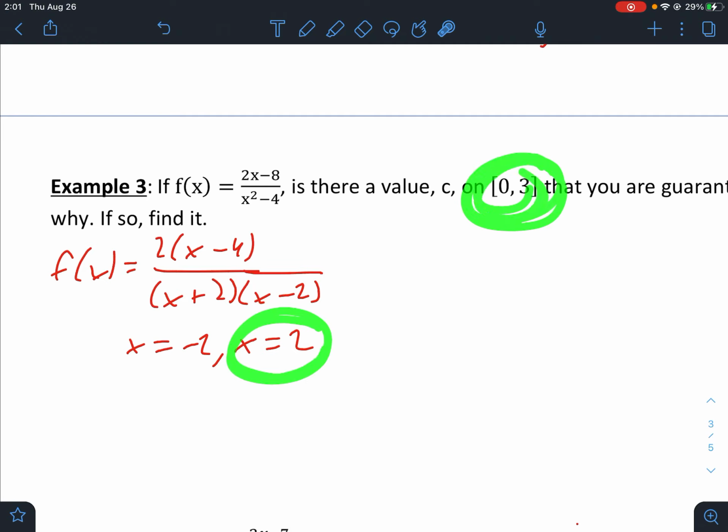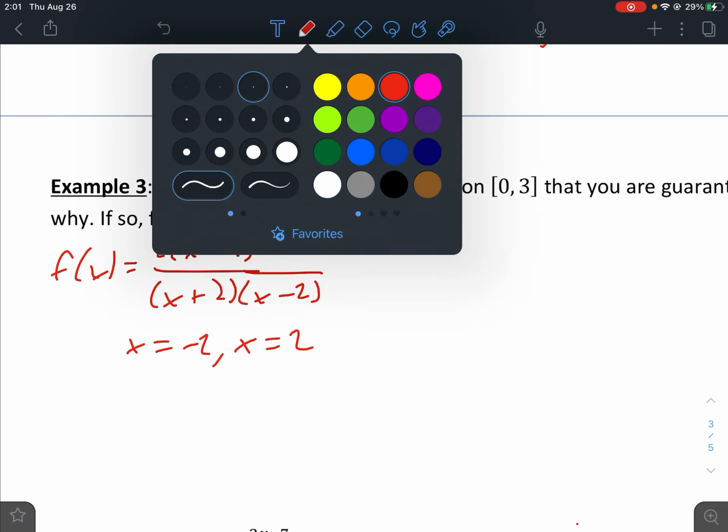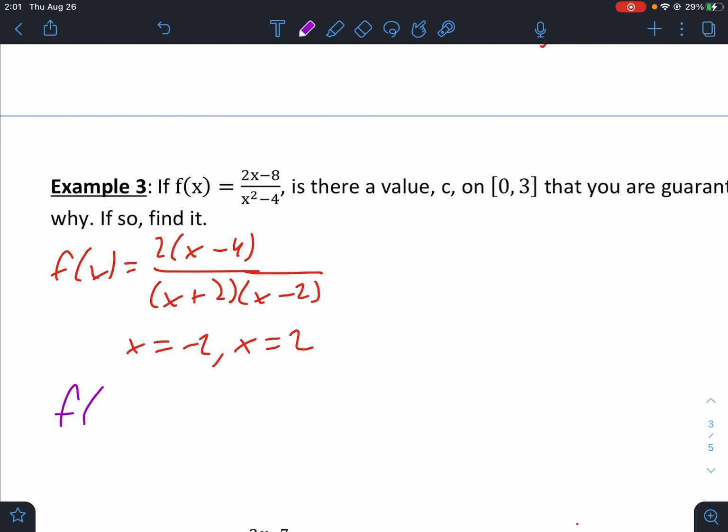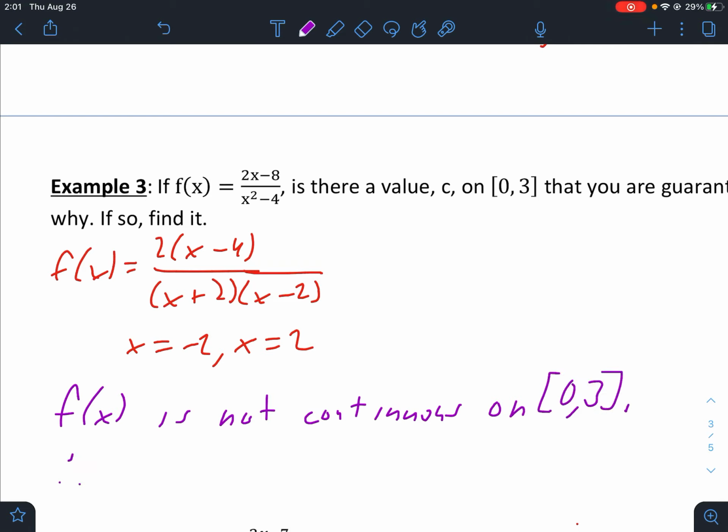X equals 2 is on that interval. So this means that f of x is not continuous on 0 to 3. Which then tells us, therefore, the IVT does not apply.